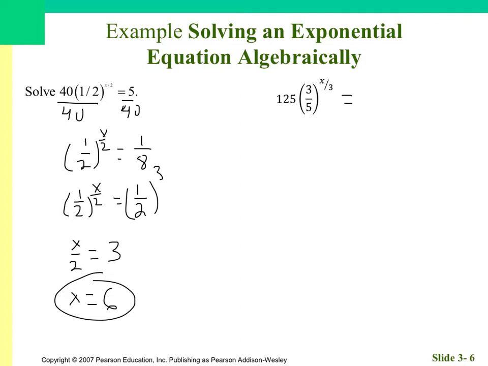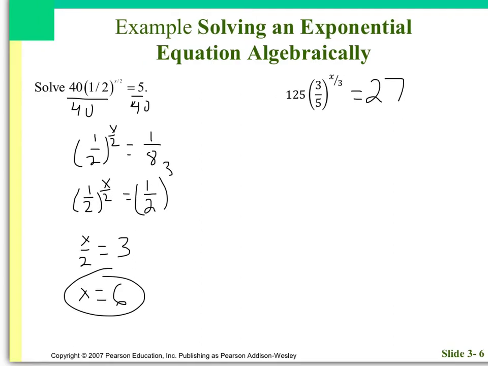And this one equals 27. So think about the same thing here. Divide by the 125. And that's 27 over 125.